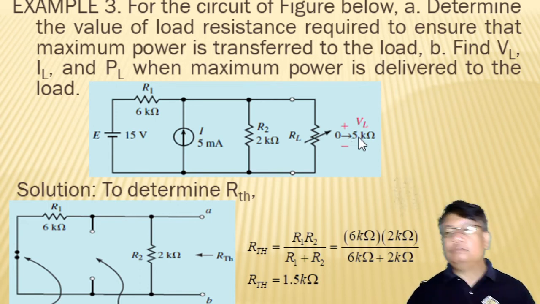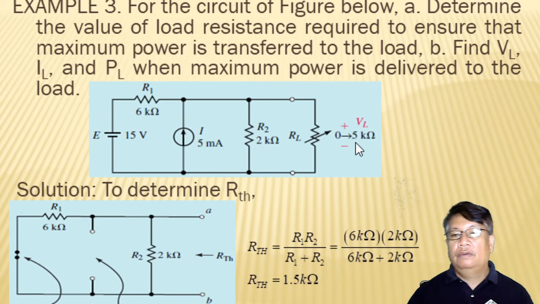Now, letter B, find V sub L, I sub L, and P sub L, or the load voltage, the load current, and the load power when maximum power is delivered to this load. So what you are going to do first is to determine the looking back resistance, or the Thevenin resistance, R sub TH.